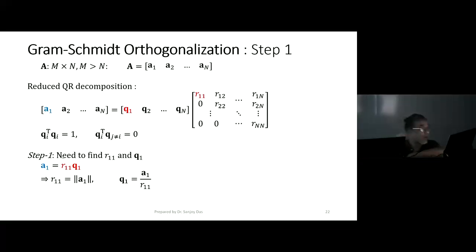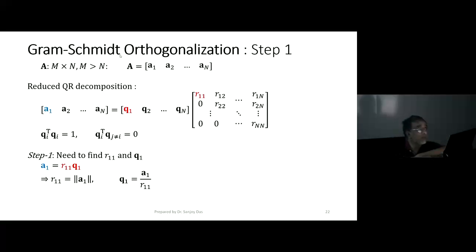What I've done is color blue the values that I need in a step, or that were used in a previous step, and the unknowns are in red. So in step 1, I need to find Q1 and R11.